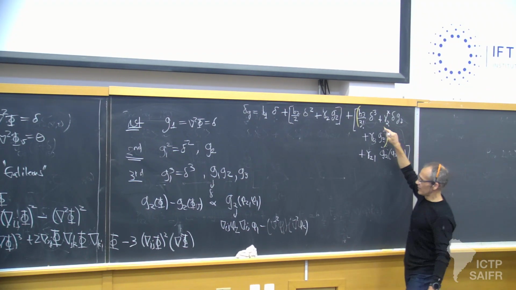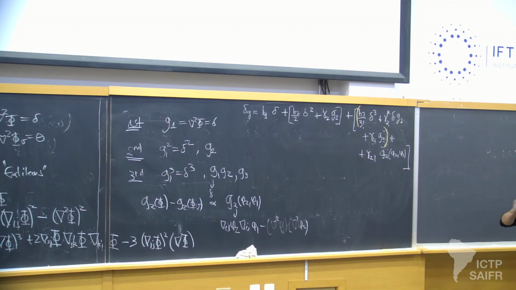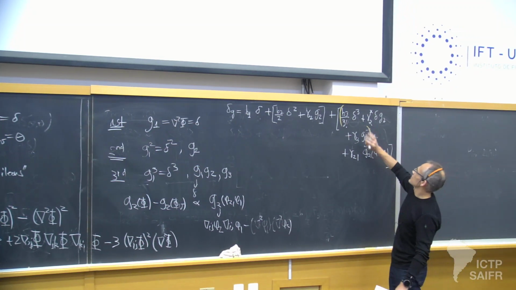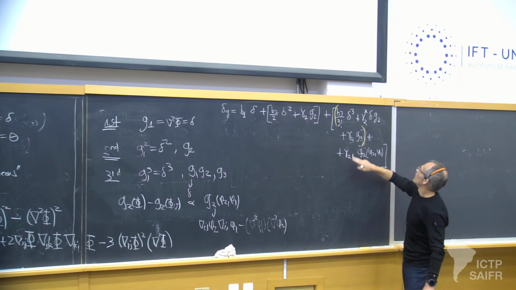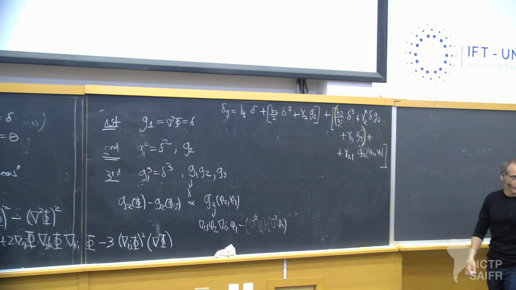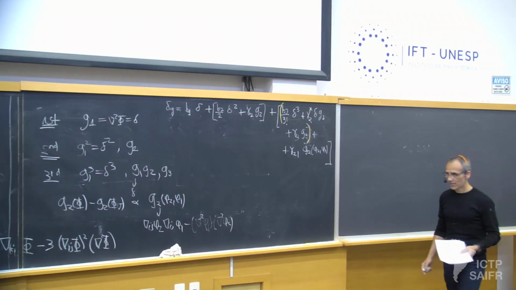They will become redundant with this. This is so-called renormalization. So essentially, at the end of the day, we are going to have 1, 2, 3, 4 free parameters to describe the one-loop power spectrum.